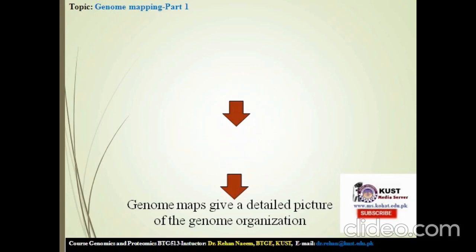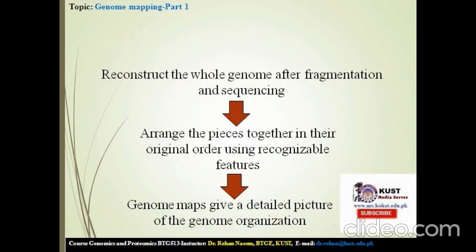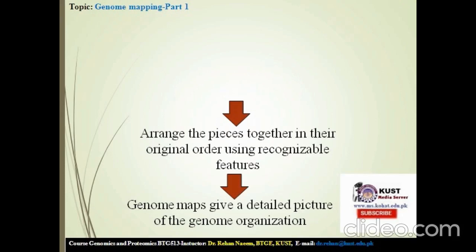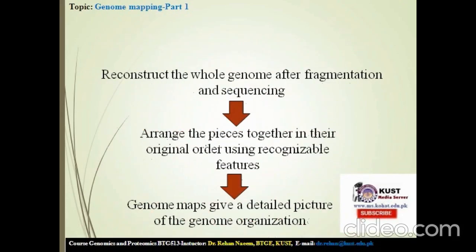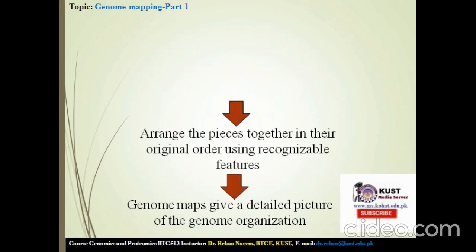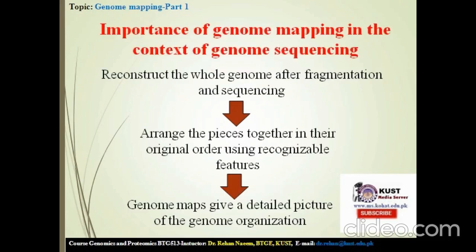So the assembling of the fragments is only possible if we know genetic maps, and genetic maps give us the recognizable features, and by using those recognizable features we can assemble the whole genome. As we discussed earlier, regarding the importance of genome mapping in the context of genome sequencing, it gives us information about the whole genome.